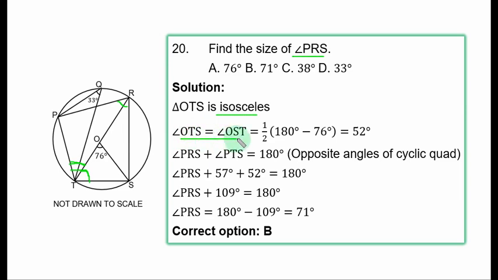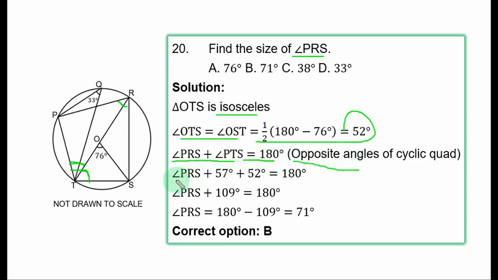If you add the three angles, because two of them are equal, you have 2 times one of them equal to 180 minus 76 degrees. Divide both sides by 2, and you have 52 degrees. It follows that angle PQS plus angle PTS is equal to 180 degrees. You have the reason.